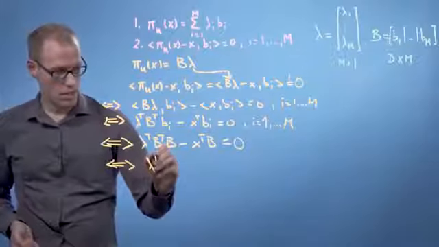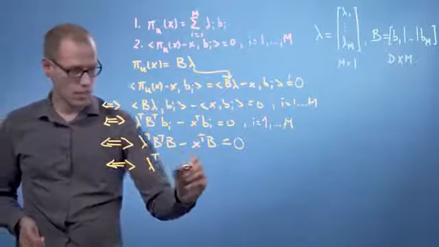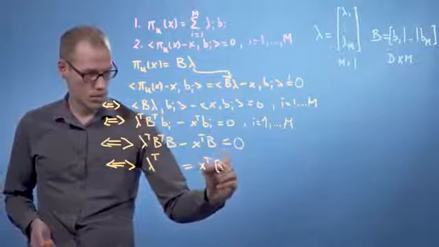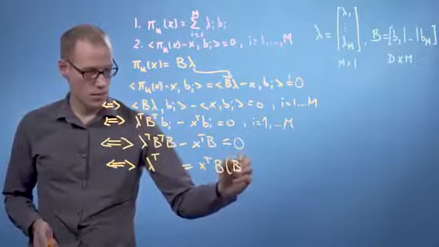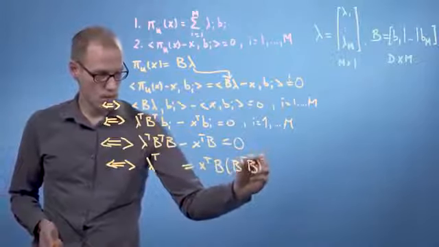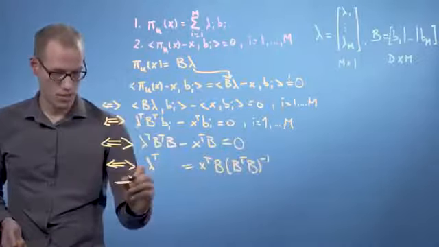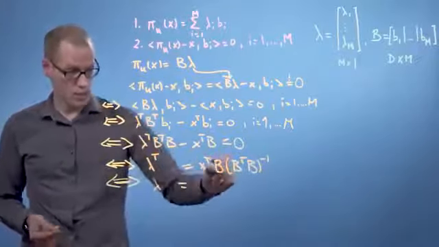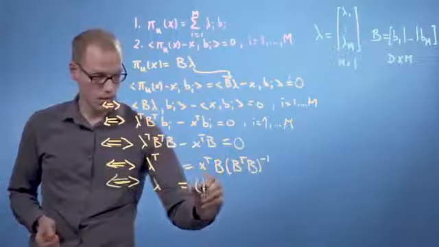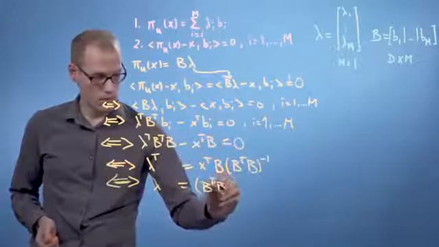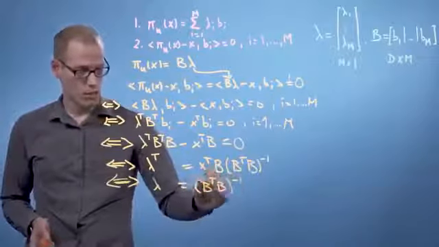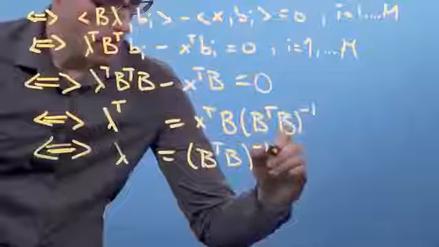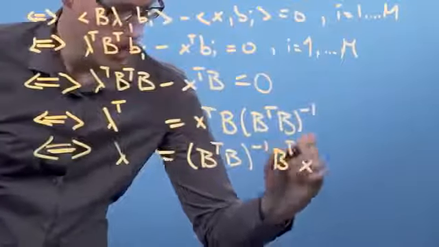And then we get lambda transpose equals x transpose times B times B transpose B inverse, which then also means we can write lambda as the transpose of this entire expression. We get B transpose B inverse. So this matrix is symmetric, so its transpose is the same as the original matrix, times B transpose x.